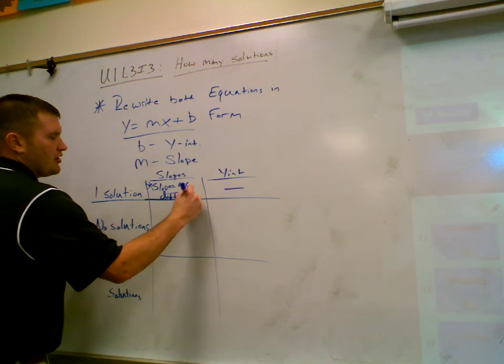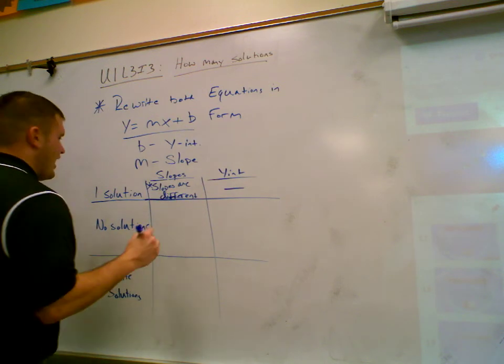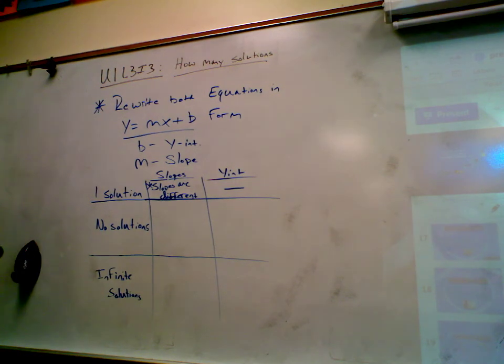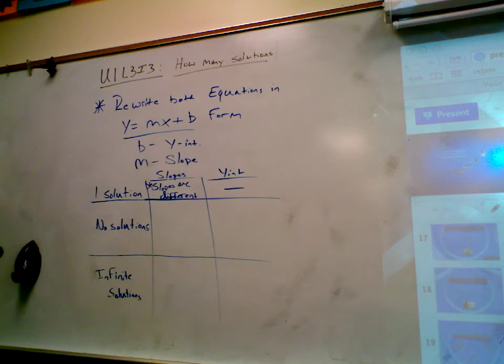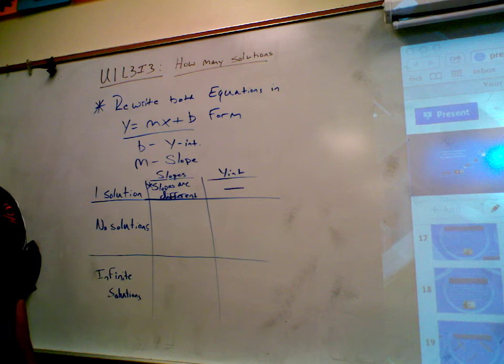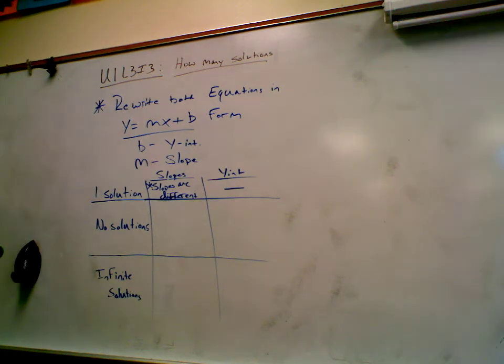And we know that because if I graph 2 lines that have one solution, how many times do they intersect? Once. If they intersect once, that means their slopes are not the same. No solutions. What do those graphs look like? They're parallel lines. What do we know about parallel lines?